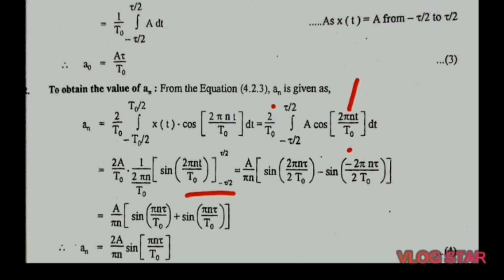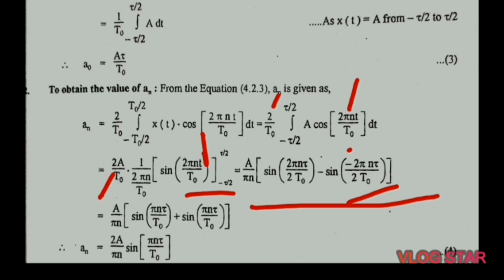Then 2A by T0 are the constant terms, and these are kept as they are. After that we put upper limit minus lower limit. Then the equation becomes A upon pi n times sin(2 pi n tau by 2T0) minus sin(minus 2 pi n tau divided by 2T0).